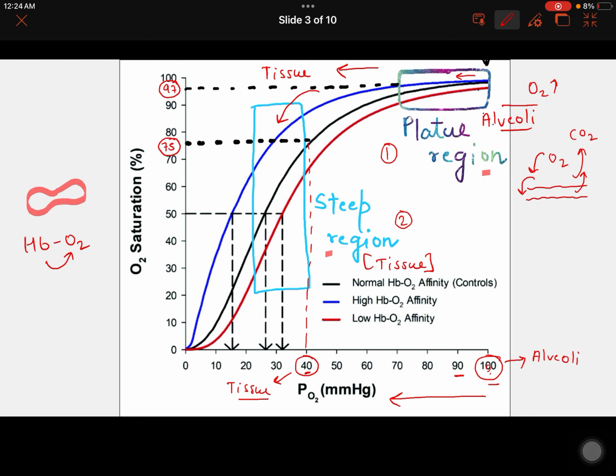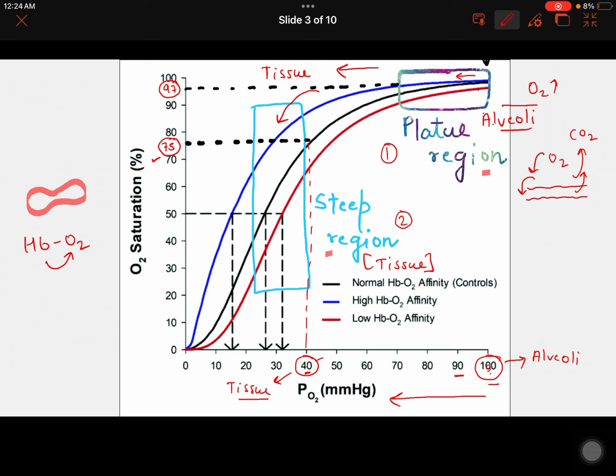As we move towards the tissues from the alveoli, even if the partial pressure of oxygen drops, let's say from 100 to 90, 90 to 80, we still maintain a high saturation level. But if it drops further, desaturation starts from there, but only down to around 75-70%. Even at the tissue level, where the partial pressure of oxygen is around 40 millimeter of mercury, we still maintain around 75% saturation.